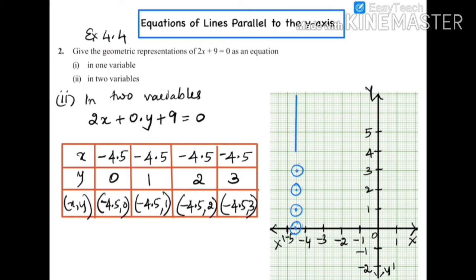On joining these points with the ruler, you will get a straight line that is parallel to the y-axis. Label this line with the corresponding equation.